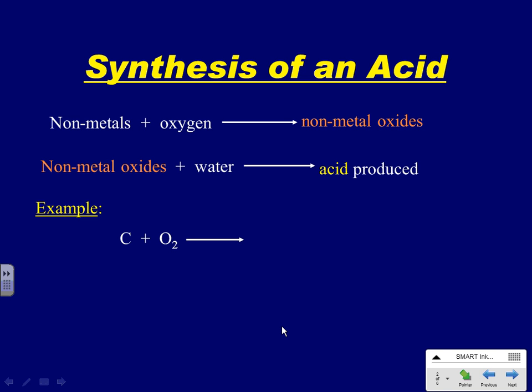Here we have the element carbon reacting with some oxygen to produce, what's the product going to be? Yep, carbon dioxide. And that one doesn't need to be balanced. It's balanced right there, right? So one atom of carbon gets together with a molecule of O2 to produce carbon dioxide.